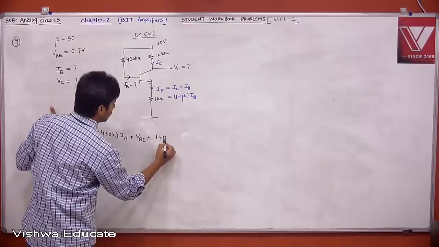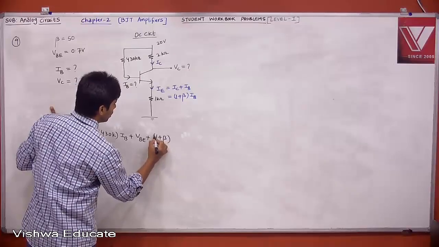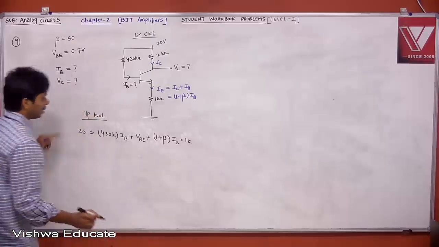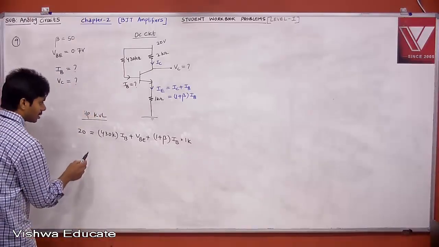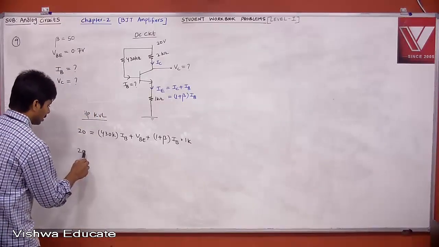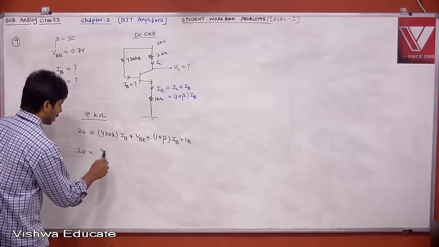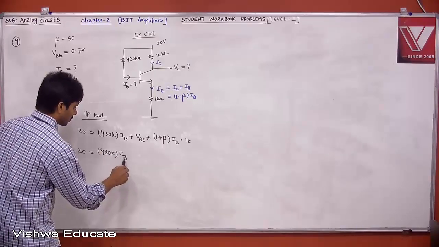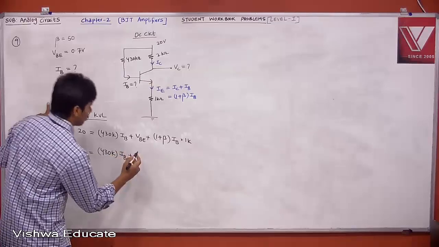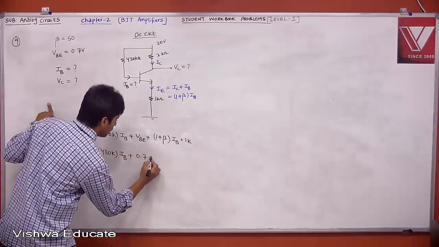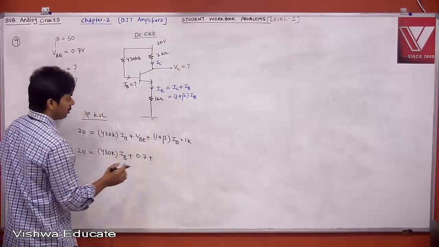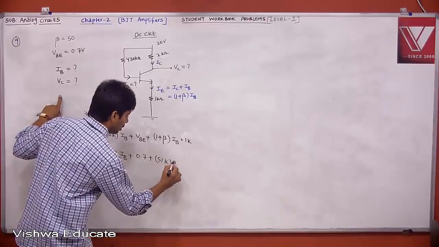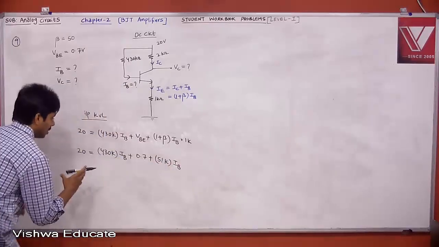Therefore, if you substitute, 20 is equal to 430K into IB plus 0.7 plus 51K into IB. Now, what is your IB?